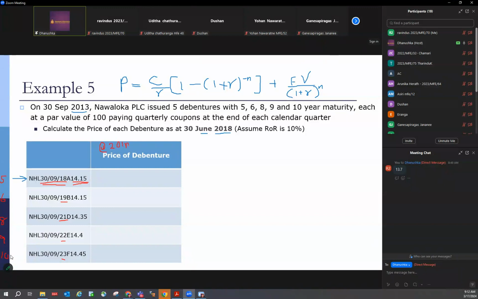So at the time of the issue, in 2013, the price of each of these debentures, this is not information that I've given here, but just a different set of figures, was 100 at the time it was issued, right? What does that imply to you about the required rate of return?